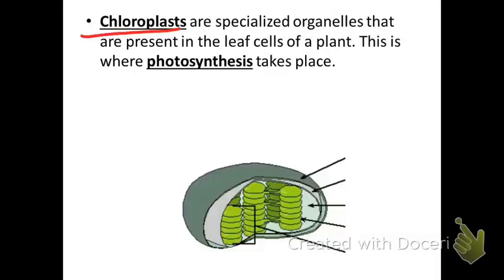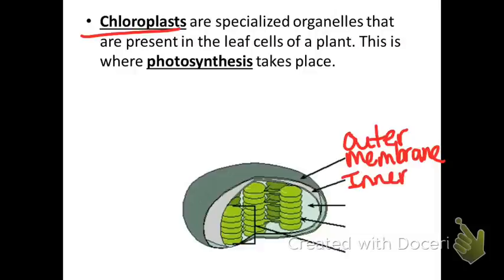So starting from the top, this is going to be simply called our outer membrane of our chloroplast. Underneath our outer membrane, we have our inner membrane. And inside of our chloroplast, we have this fluid, and the fluid is called the stroma. And you'll notice also these green little coin-like looking things that are stacked on top of each other inside of our chloroplast.